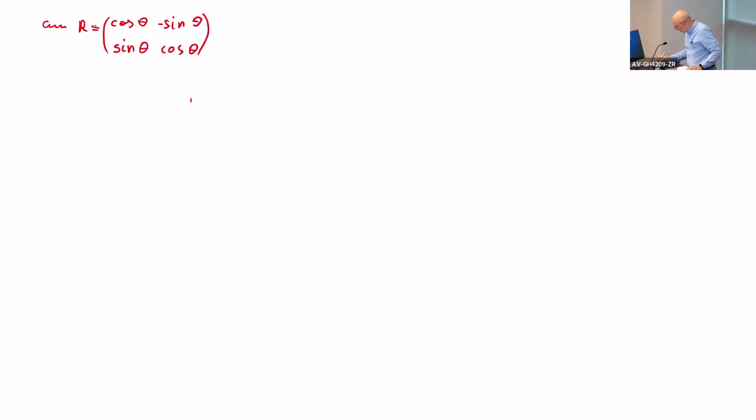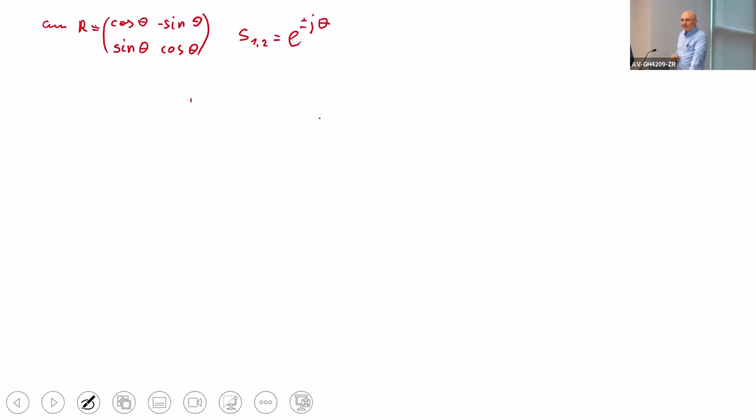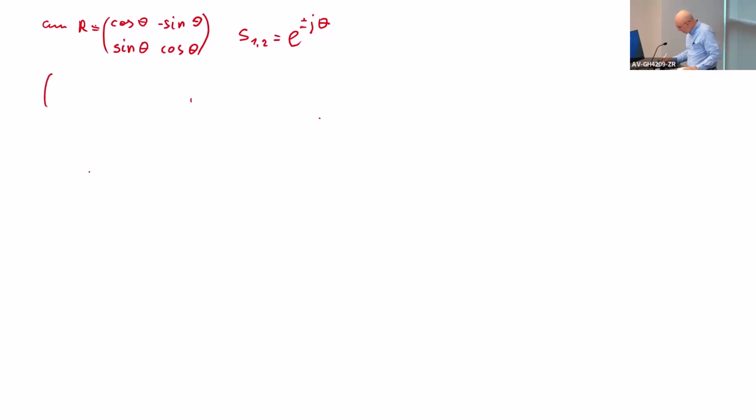And you have eigenvalues, which are s1,2 equals exponent plus minus j theta. All right, so we need to find vectors. So eigenvectors will be, same matrix, cosine, sine, let's keep theta, because all the cosine and sine will have theta in them.